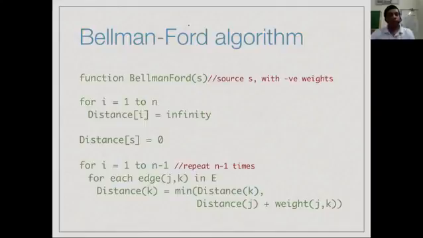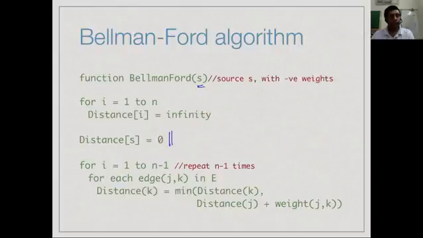So the algorithm is actually remarkably simple. Right? You start from a source vertex S. So initially you assign the distance to be infinity for every vertex and you initialize the distance of S to be 0. Now n-1 times you blindly repeat the following operation. For every edge in your graph, apply the distance update.